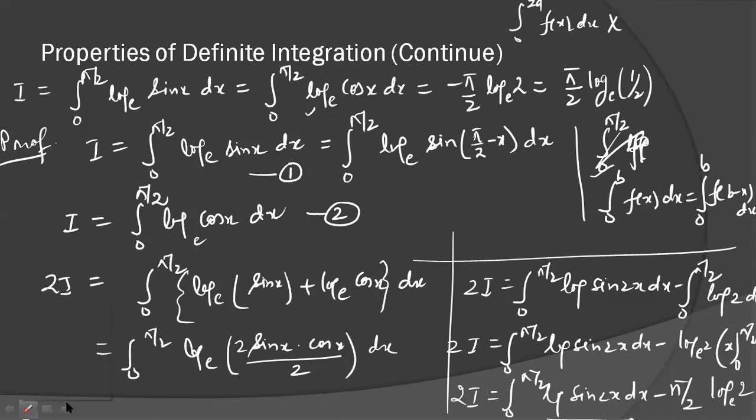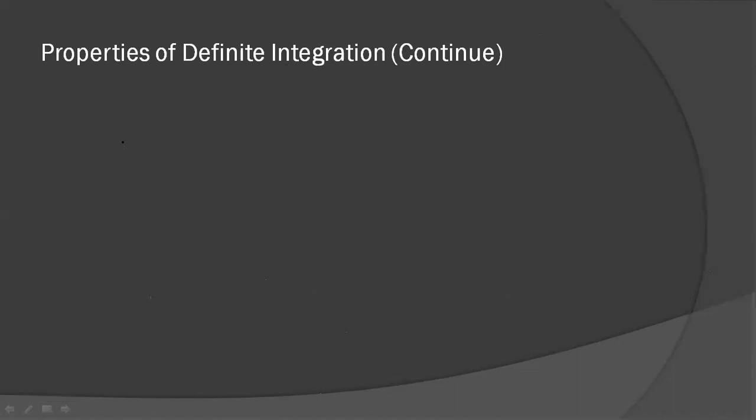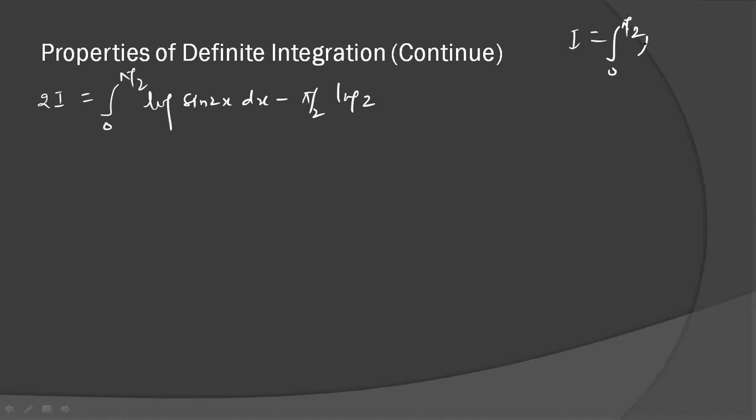How to tackle the first term here? 2I equal to the integration from 0 to pi by 2 of log sin 2x dx minus pi by 2 log 2. We know the integration from 0 to pi by 2 of log sin x.